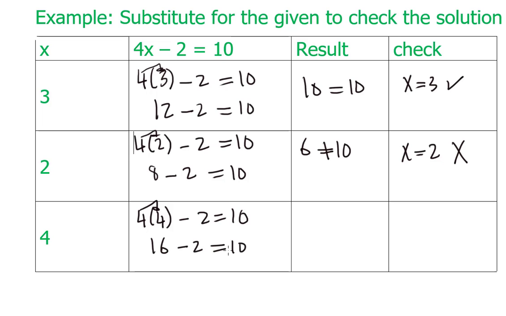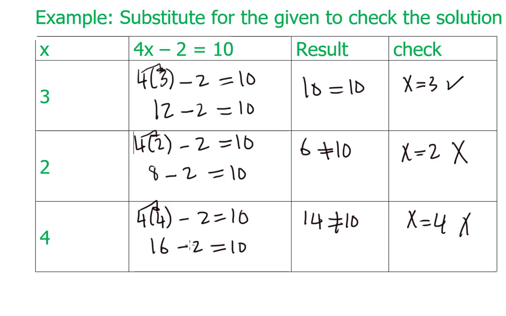The reason that we're writing equals 10 is that we're just assuming the value that we substituted will be equal to 10. That's why we keep writing equals 10 until we see the value is not equal to 10. So 16 minus 2 is 14. So 14 is not equal to 10. Therefore, x equals 4 is not a solution.